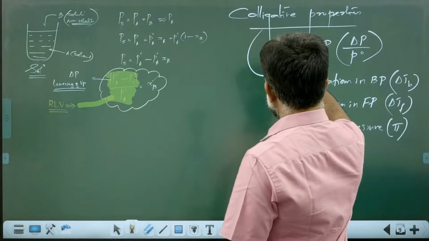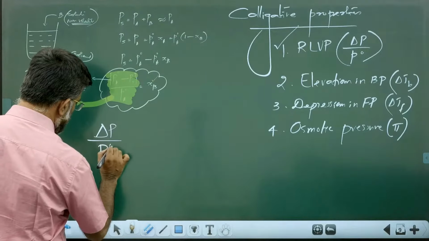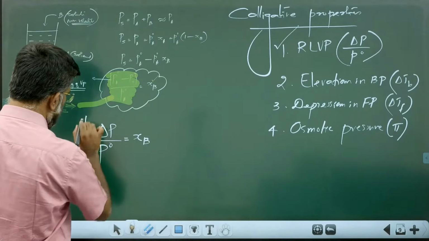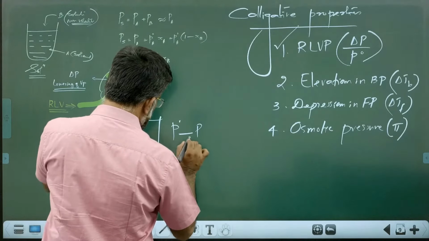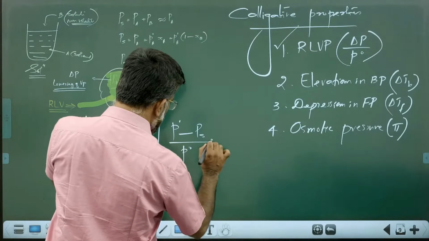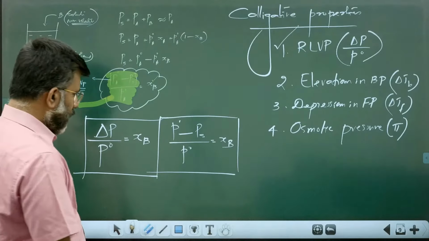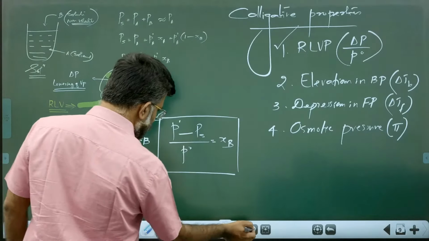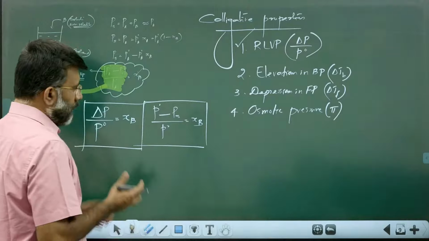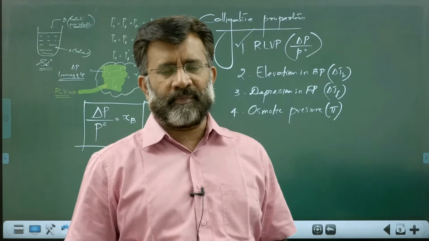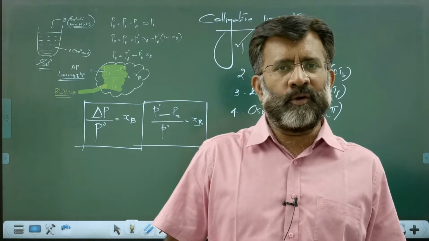So colligative property number one is delta P by P naught equal to XB, or in detail, P naught minus PS by P naught equal to XB. You can expand that for finding the molar mass of non-volatile solute. That is one of the most important applications of colligative property. It is used for finding the molecular mass of unknown non-volatile solutes.